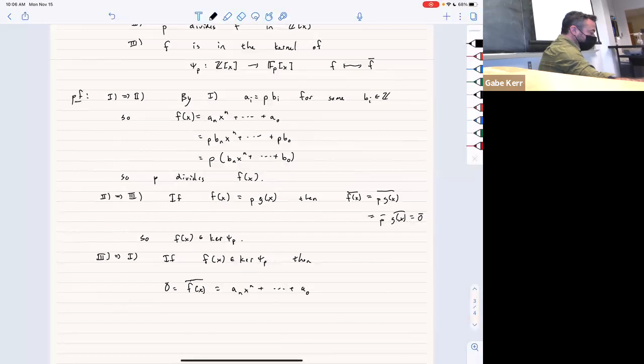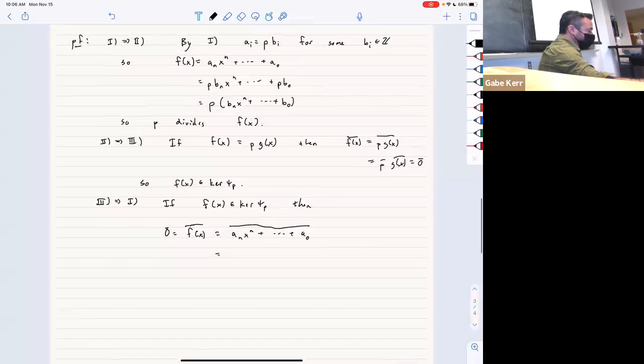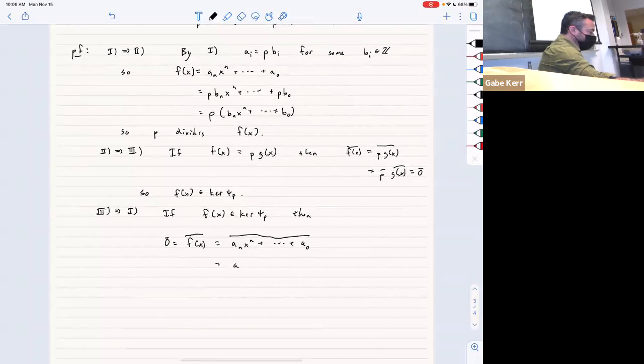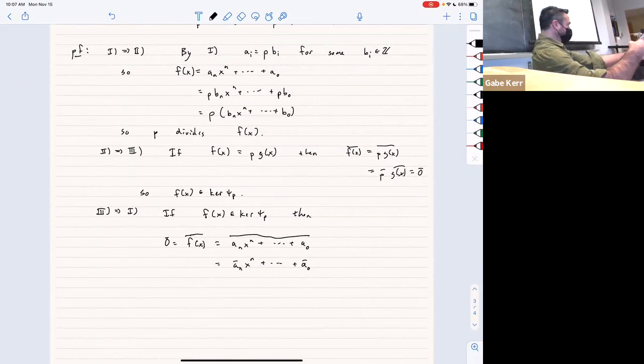The way you actually define this homomorphism is just reduce the coefficients. But then I can see individually for each coefficient rather than all at once.